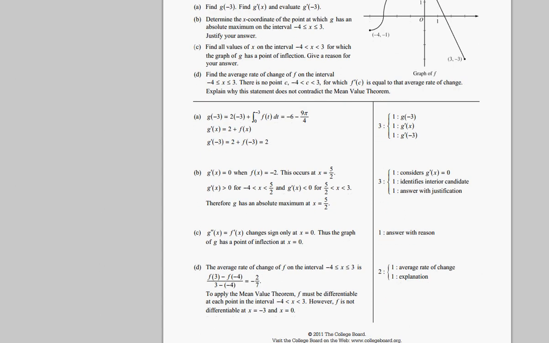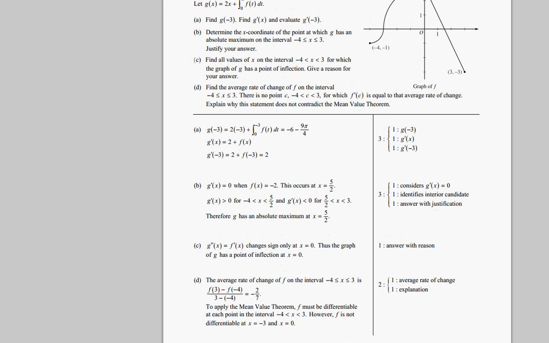Okay, and then part D said, find the average rate of change of f on the interval from -4 to 3. Average rate of change, remember, is the slope of the secant line. So I'm talking about the slope of the secant line of f from -4 to 3.